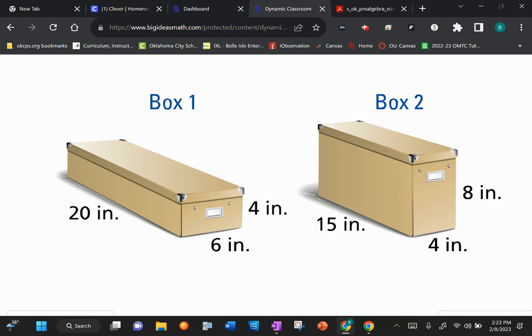You'll do both. You'll have to do 2 of each, actually. At the top, 15 and 4. 15 and 4 is the bottom face that you can't see. As long as you get all the combinations, Noah, it doesn't really matter if you get where the dimensions are accurate. Well, the bottom one on box 2 is 15 and 4. The sides are 15 and 8. And then the front and the back are 4 and 8.